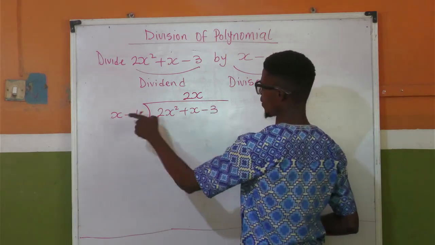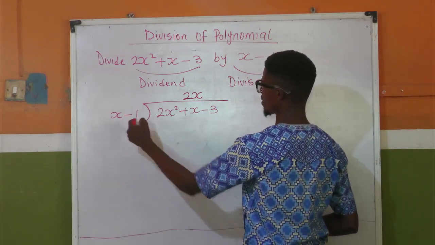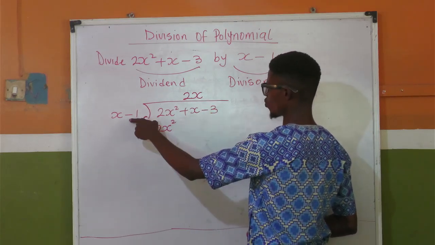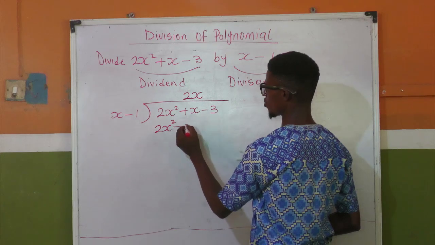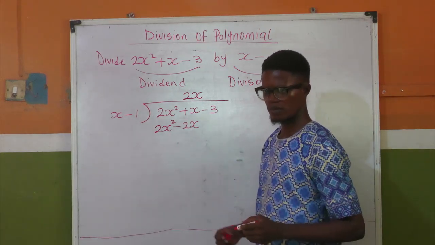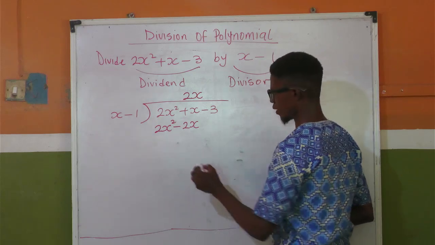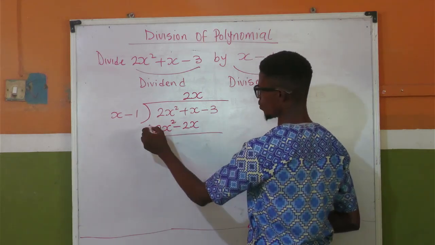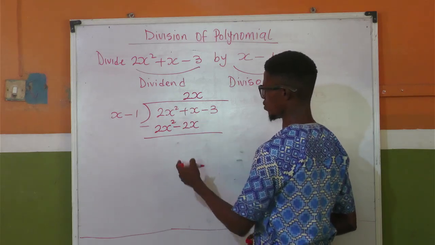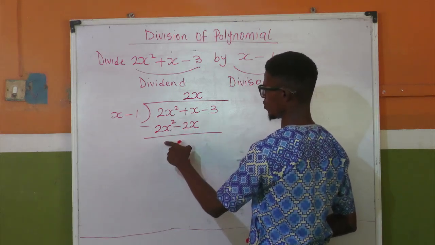So when I multiply 2x by x, I'm going to have what? 2x squared. And when I multiply 2x by minus 1, I'm going to have minus 2x. Are you following me now? So now, I'm going to perform a subtraction. I'm going to subtract these expressions. So when I subtract, this will become 0.